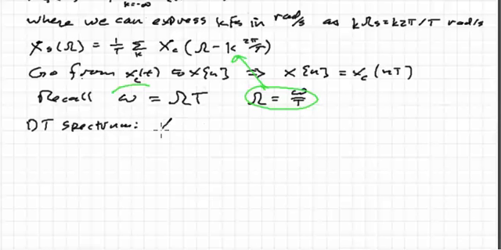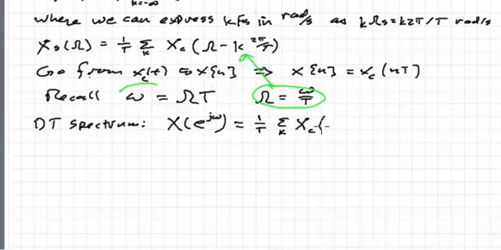We get, and I'm just going to go ahead and write this as X(e^{jω}), which is what you're very used to seeing. That's the discrete time Fourier transform, and I'll justify that in a second. 1 over T times the sum over all k of X_c of ω over T, right?